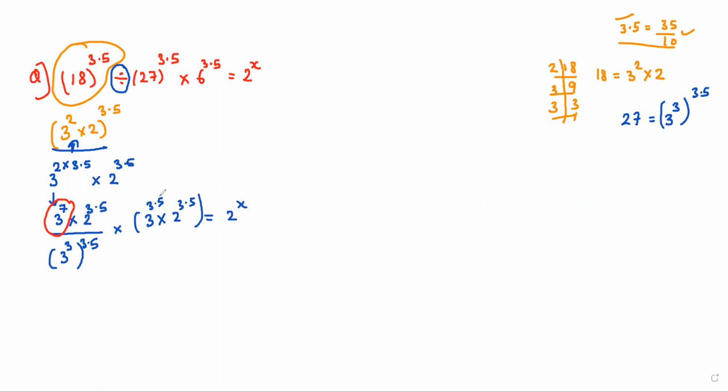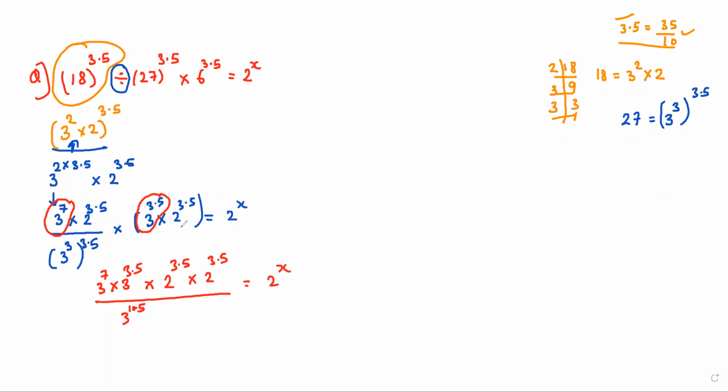Okay, now I can take this one. 3 to the power of 7 and this one I can add. So 3 to the power of 7 into 3 to the power of 3.5 into 2 to the power of 3.5 into 2 to the power of 3.5 whole divided by 3 to the power of, this will be 10.5, correct, is equal to 2 to the power of x.